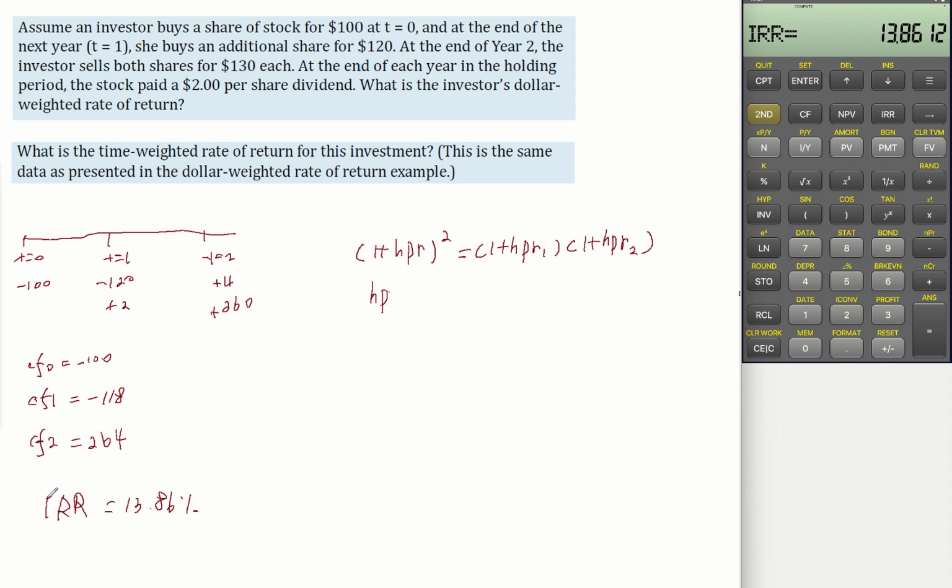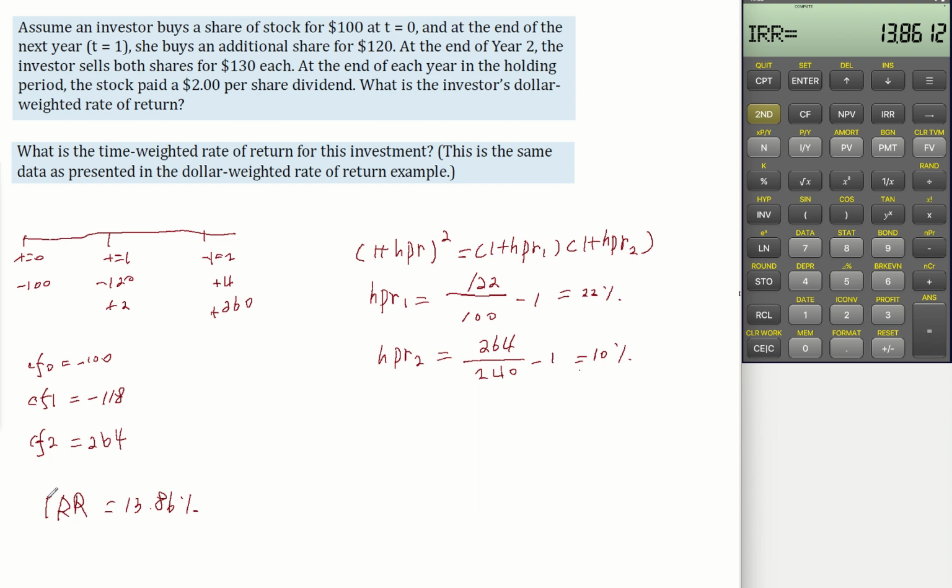So holding period rate of year 1: end value is 122 and beginning value is 100, minus 1, equals 22%. For the second year, holding period rate: end value is $264 and beginning value for 2 stocks is 240, minus 1, equals 10%.